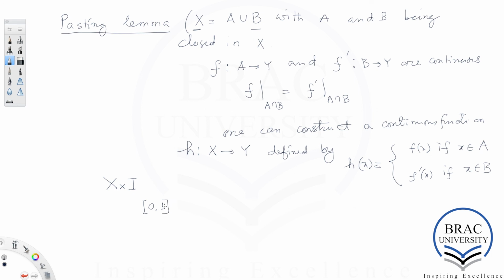This is a topological space equipped with the subspace topology that it inherits from the real line. And X is a given topological space, and X cross I is a topological space equipped with the product topology coming from the topology of X and the topology of 0, 1.